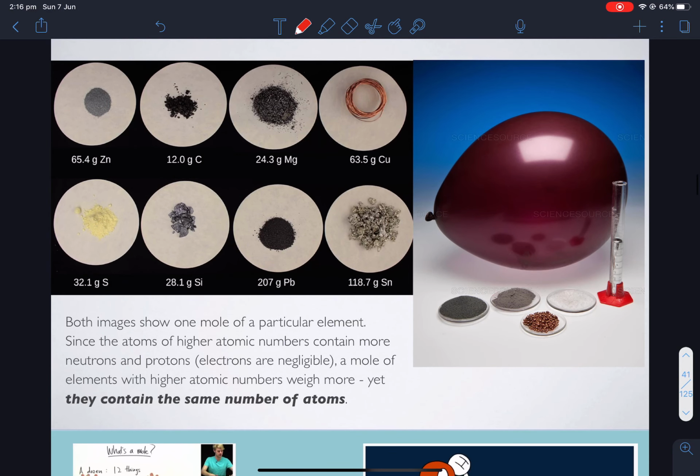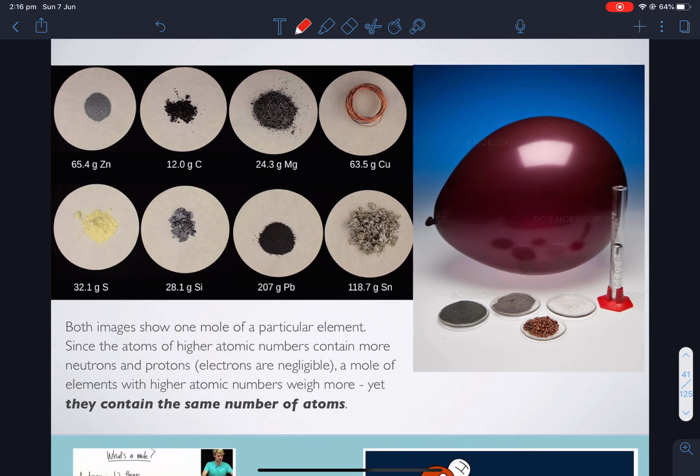Okay, look at these 2 images that I found online. The one on the left is showing us a mole of different elements. Here we've got a mole of zinc, and it's 65.4 grams, because zinc weighs 65.4 grams per mole. So whoever took this photo has just weighed out a mole of all these different elements.